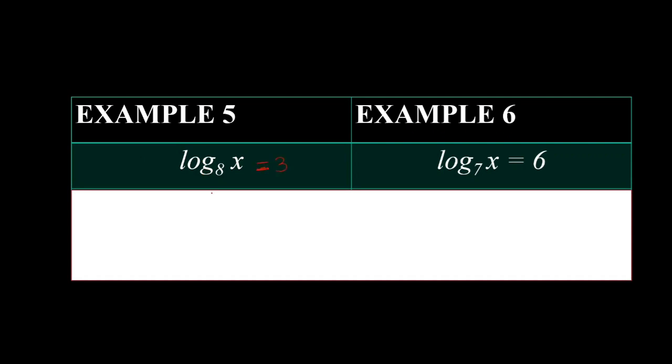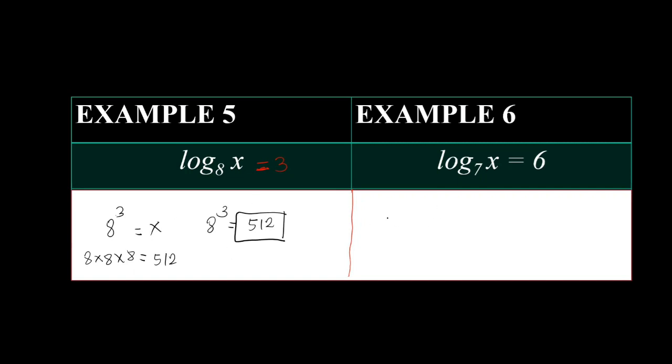Okay, so there is a missing value. Therefore, transform it into exponential form. When we transform it into exponential form, it becomes 8 raised to 3 is equal to x. And when we solve 8 times 8 times 8, it is equal to 512. So therefore, 8 raised to 3 is equal to 512. So this is our missing value, or missing product. Okay?